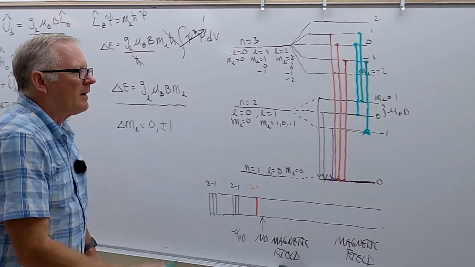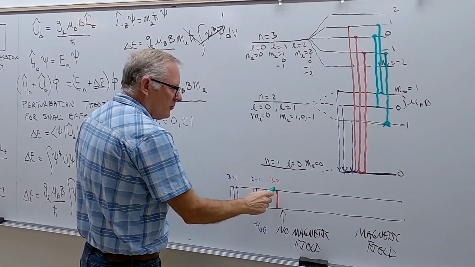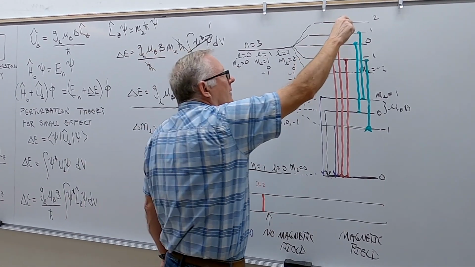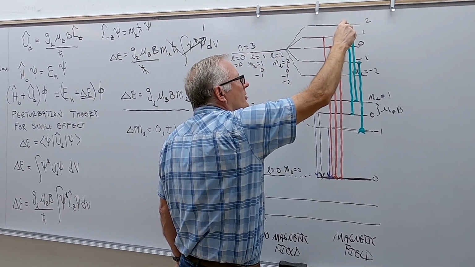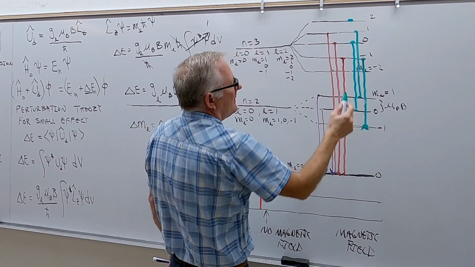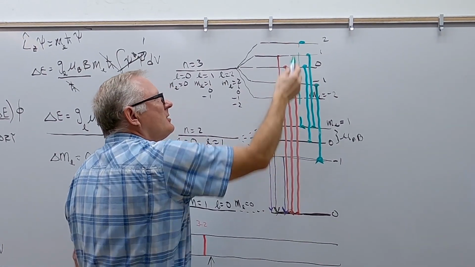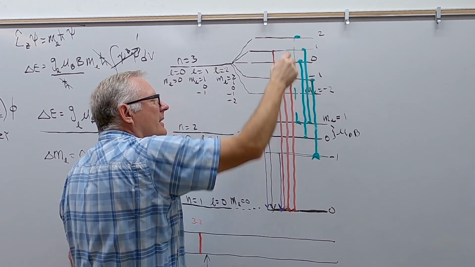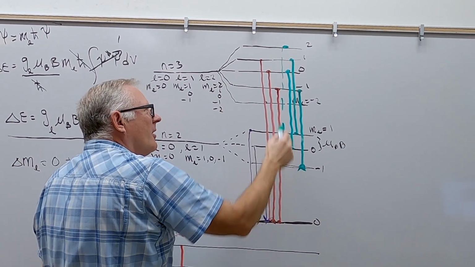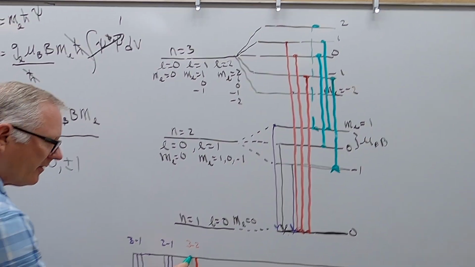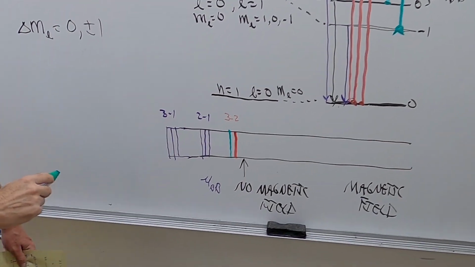So all 3 of those would have just been right here. Now, when we drop from 2, 2 could have only gone to 1 right here. And you noticed this one went up 2 mu_B B, this one went up 1, and when you subtract them, it's just 1 more mu_B B. So it would have just been one line over here.